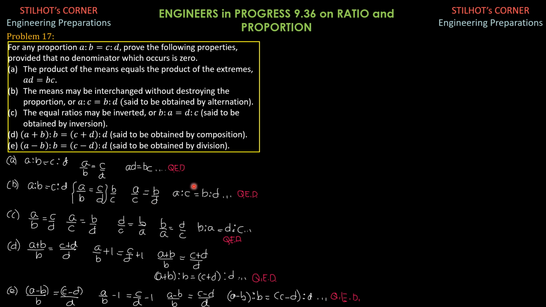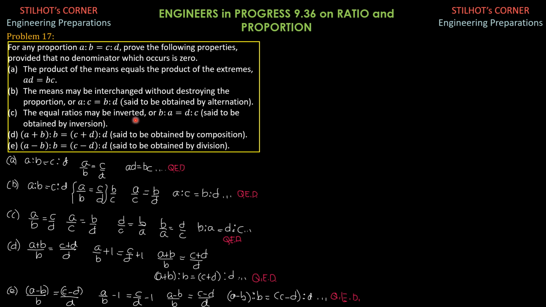Then we cross multiply. We write this in this statement. So a is to c equals b is to d. So that's the equation. This one. a is to c equals b is to d.